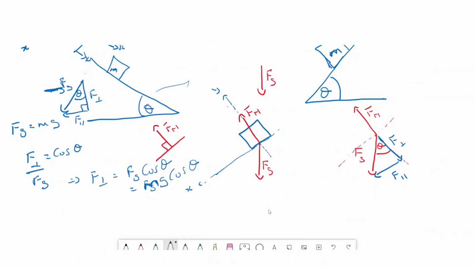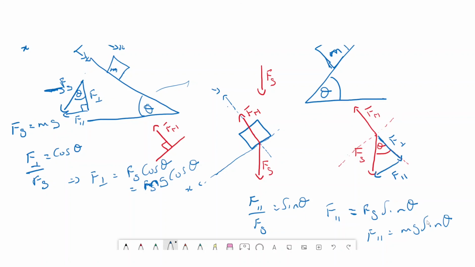Well, F parallel divided by Fg is going to be sine of theta. So my F parallel is going to be Fg sine of theta, which is mg sine of theta.